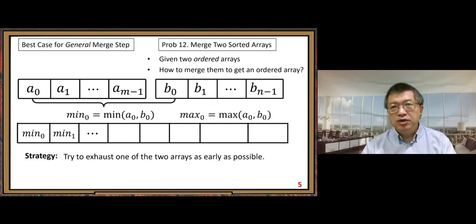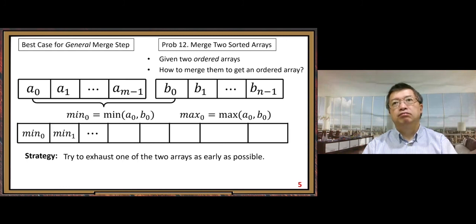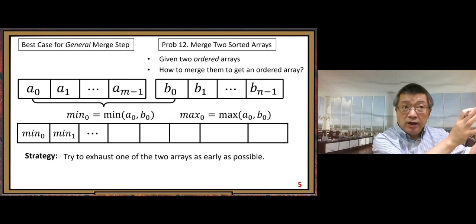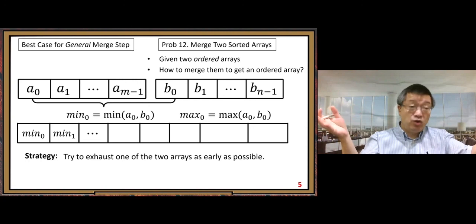When that happens, we can exhaust one of the subarrays as early as possible. But we have two ways, right? The first way, exhaust the first subarray. Second way, exhaust the second subarray. Two ways. Which one is better?